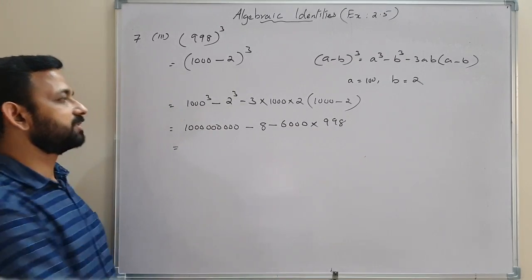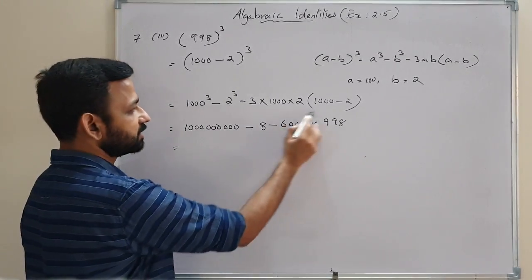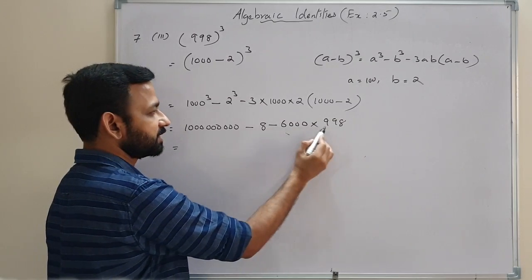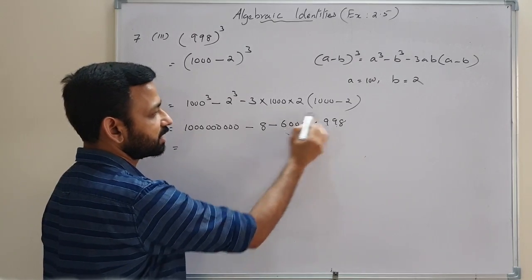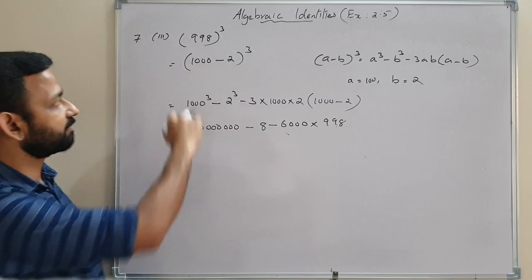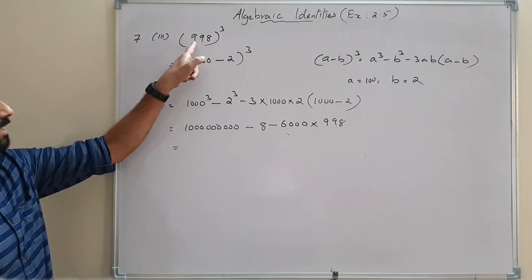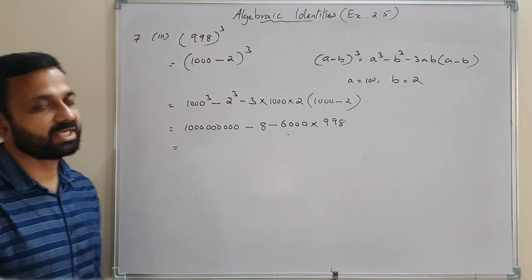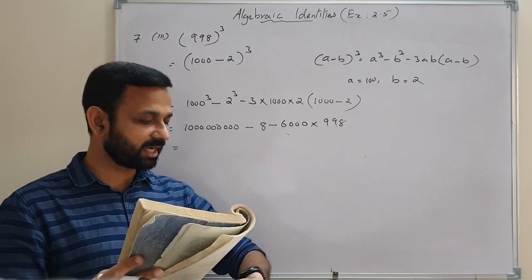When we simplify this, first we have to calculate this value, 998 into 6000, then simplify, and we will get 998 raised to the power 3 by using the identity.